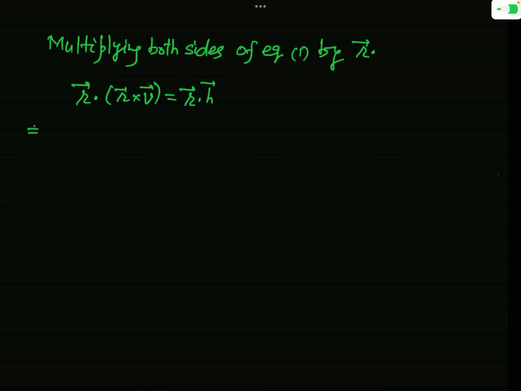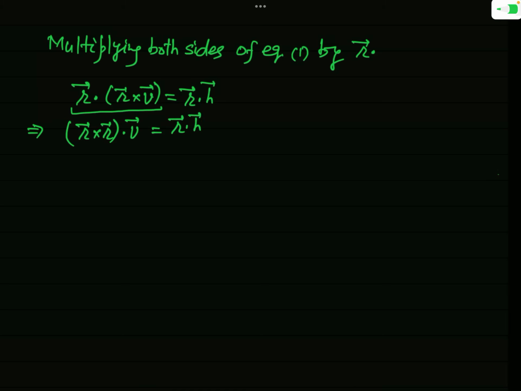But you have studied the triple scalar product, and from its properties you can say that this expression r dot r cross v can be written as r cross r dot v, and this will be equal to r dot h.